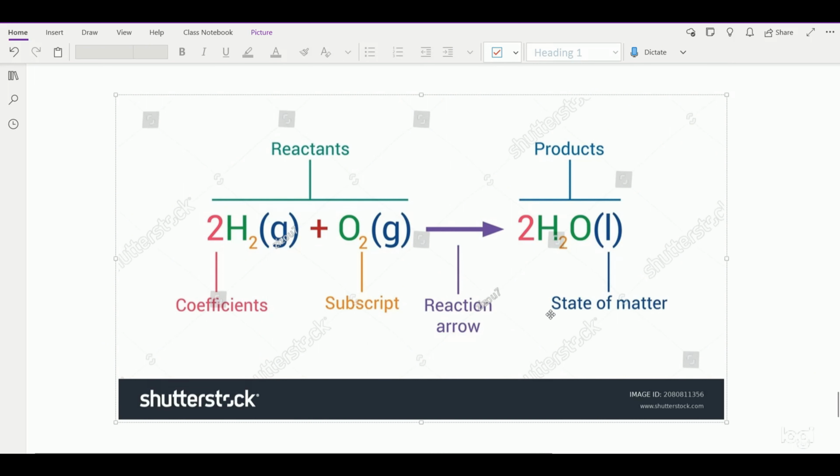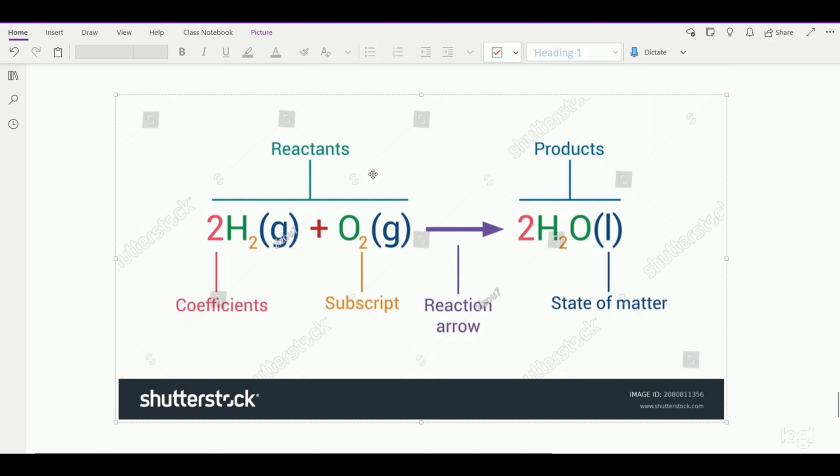There are several parts to a chemical equation that you must write, and these parts tell a lot about what a chemical reaction is, which I will explain very shortly. In order to do so, I have borrowed a picture here from the internet, and this shows the different parts of a chemical equation.